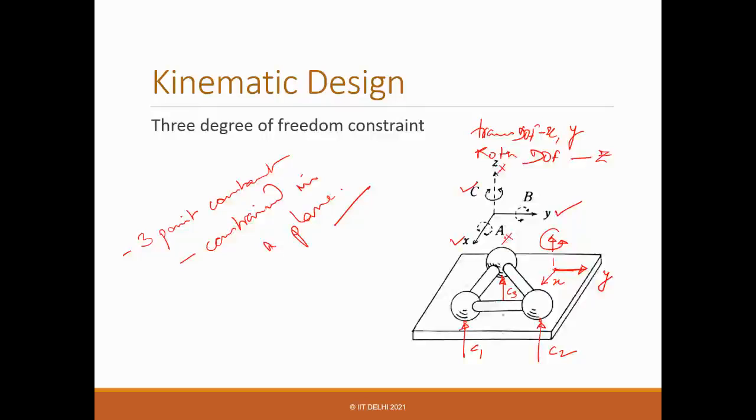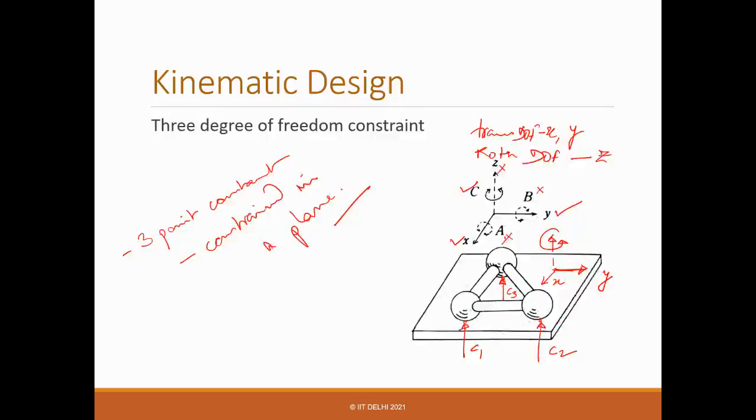Same way, in this case, C1 and C2 will ensure there is no rotation along the x-axis, right? When you are talking about B, rotation along the y-axis, if you assume that C1 and C2 are along y, then they will not constrain any rotation along the y-axis.